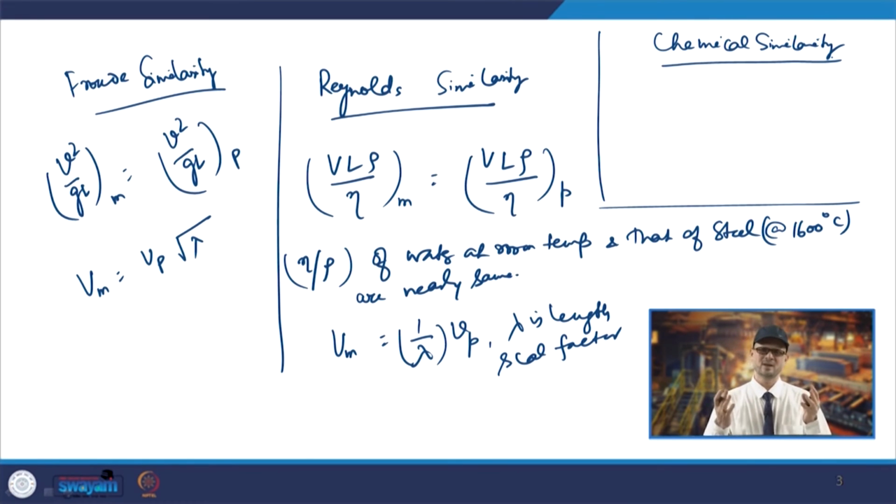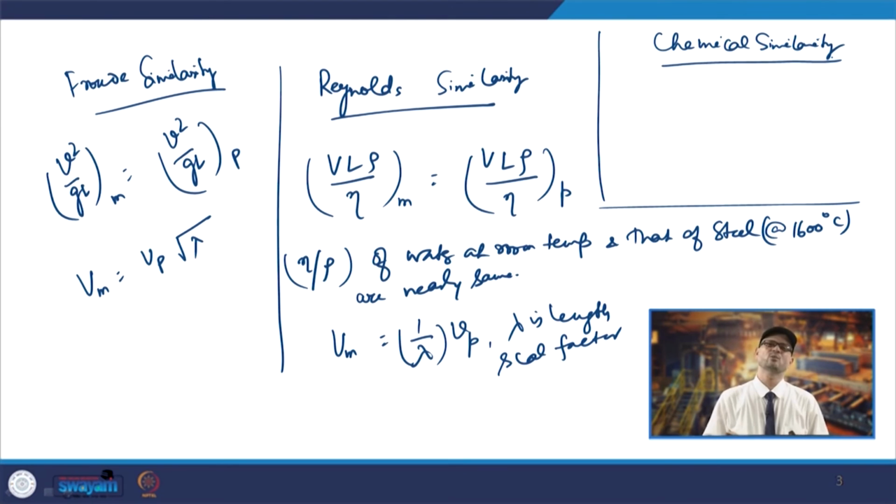If you have a certain concentration difference between two positions in the model, the same value should hold in the tundish, the actual prototype. Because of diffusion you will have mass transfer, by convection or by diffusion, and many a times generation or dissipation of species through chemical reaction.